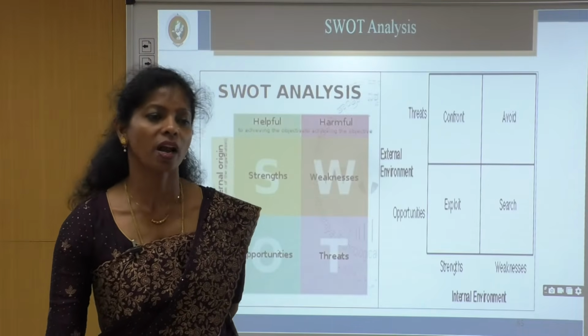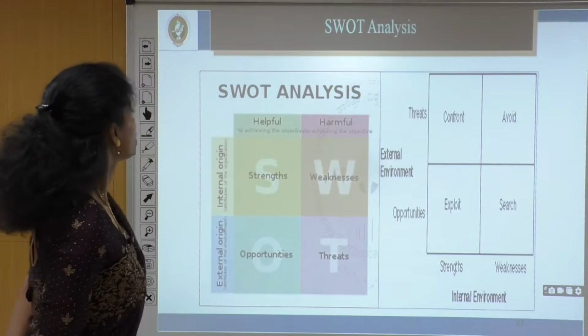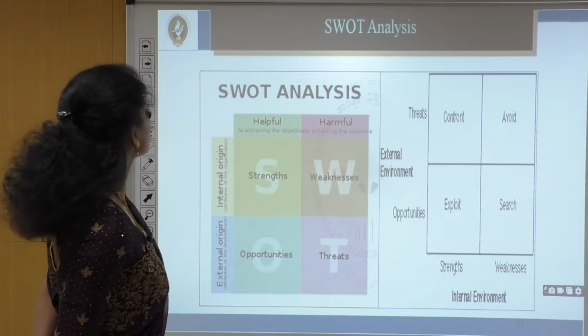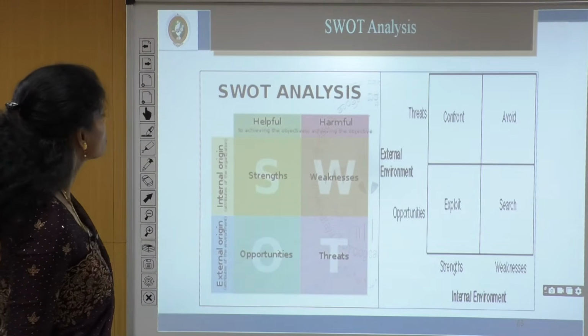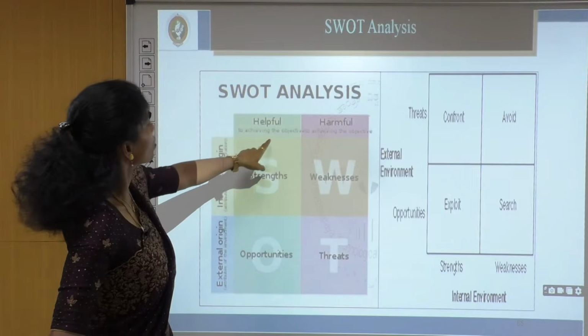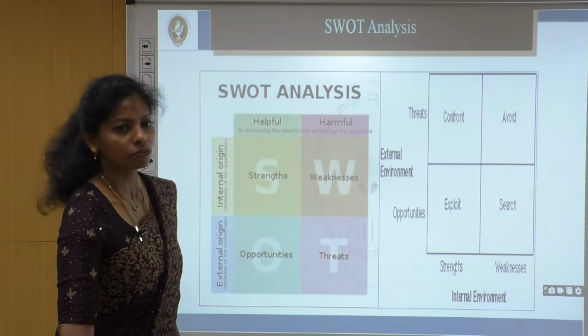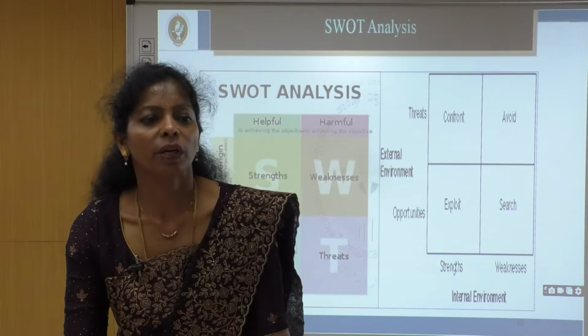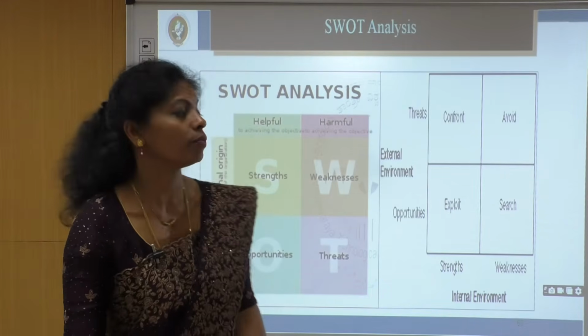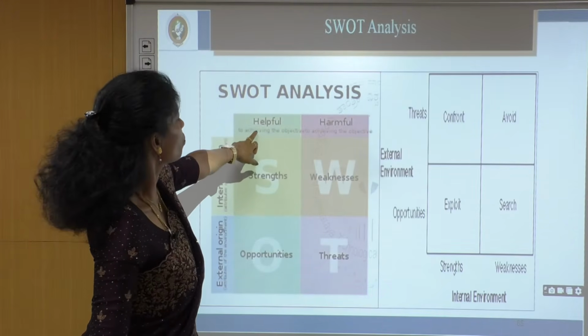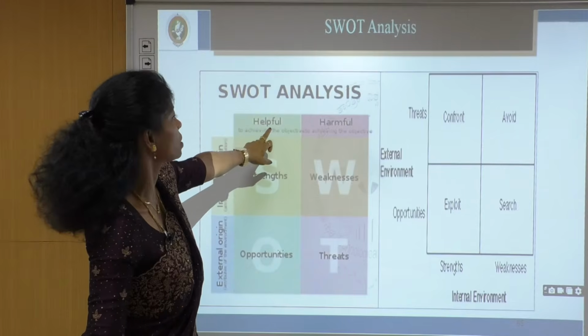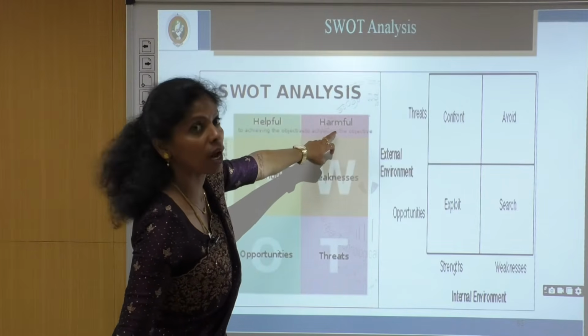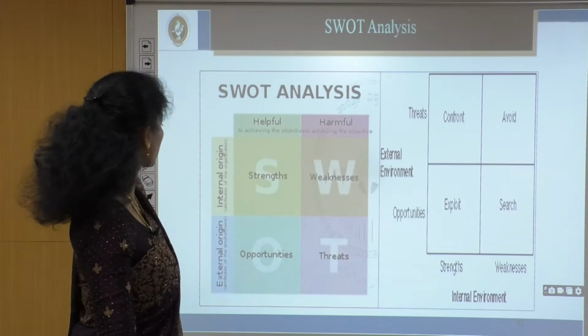So in a SWOT analysis, you can see strength and weakness. Strength is something internal to achieve the objective of the company. Weakness becomes a hindrance or harmful. Strength is helpful for achieving the company objectives. Weakness is harmful for achieving the objectives of the company.